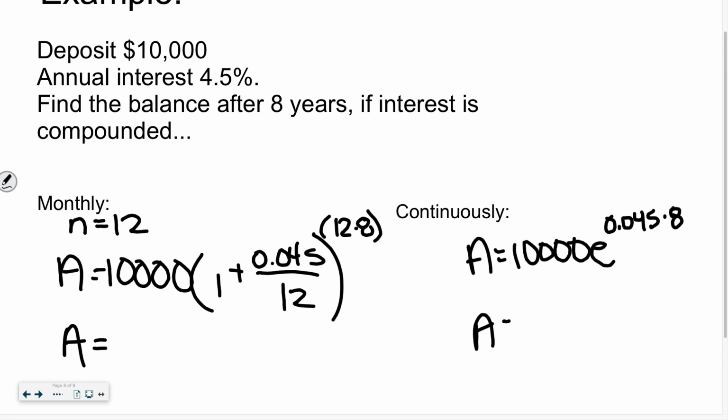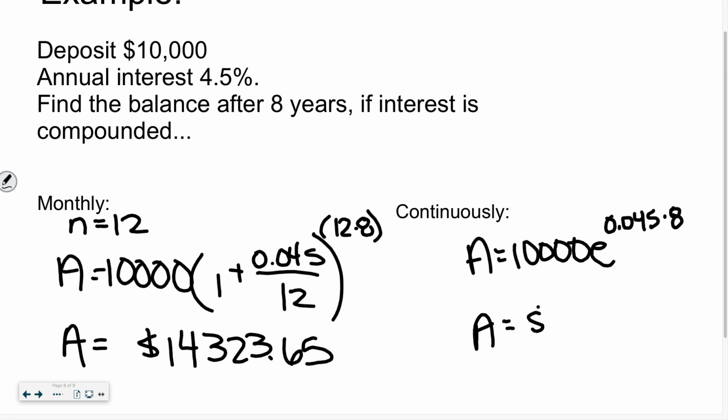I'll put up what my answers are so you can verify. I would definitely try your PERT formula here to make sure that you can do it. For the first one, compounding monthly, I get 14,323.65.